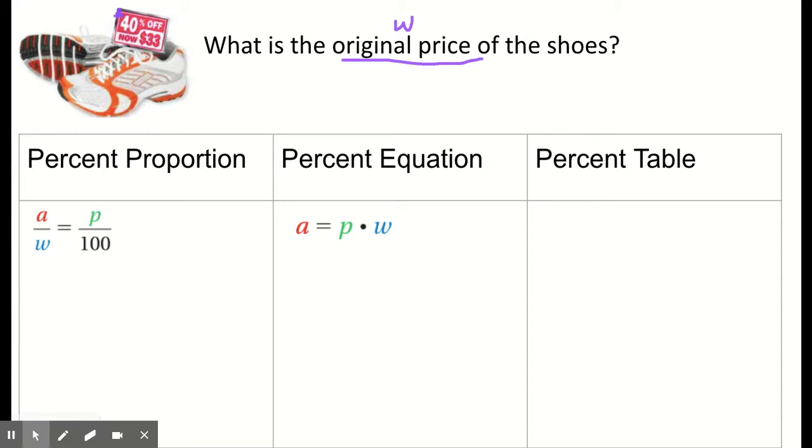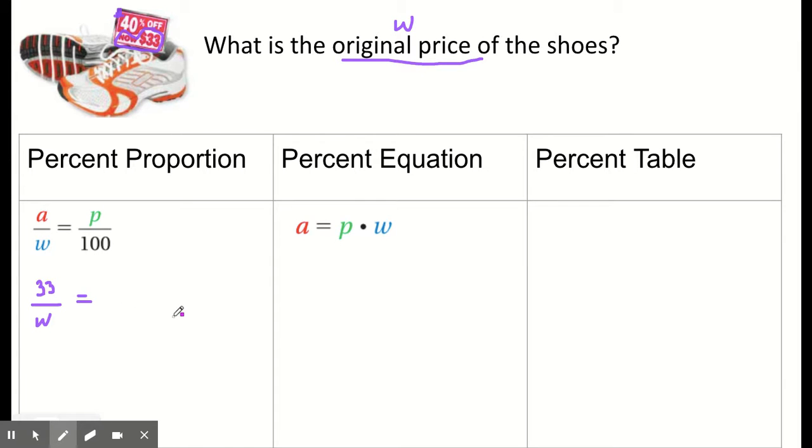So we can use the percent proportion, the percent equation, or the percent table. I'll show you how to do it all three. So the A is 33. That's the part that you're paying. The whole is the number we don't know yet.